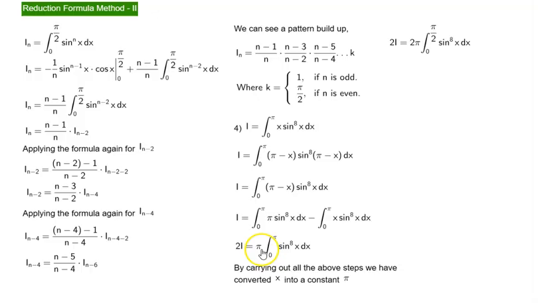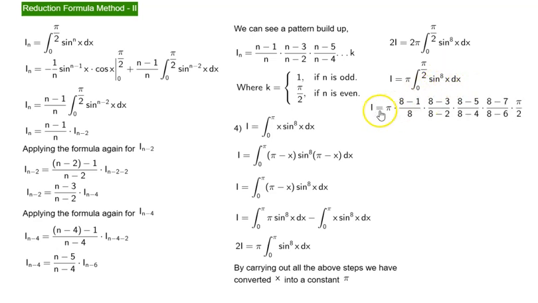On the right hand side, we are changing the limits to 0 to pi by 2 and doubling the integral. So we have 2 pi times the integral 0 to pi by 2 of sine 8 x dx. The 2s cancel out. We have I is equal to pi times the integral 0 to pi by 2 of sine 8 x dx. This is pretty straightforward now.